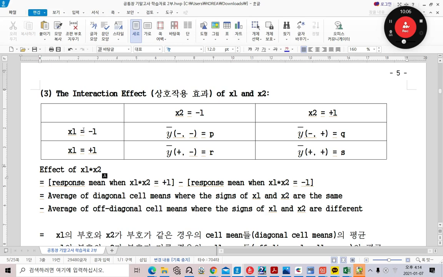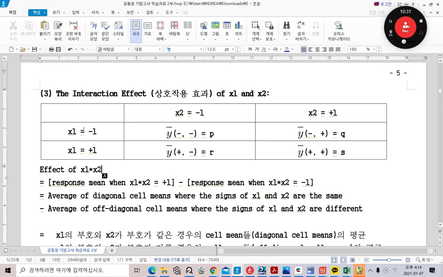I mean, right. When the levels of X1 are positive 1 and negative 1, and the levels of X2 are positive 1, negative 1, the interaction effect of X1 and X2 is defined by the effect of X1 times X2.